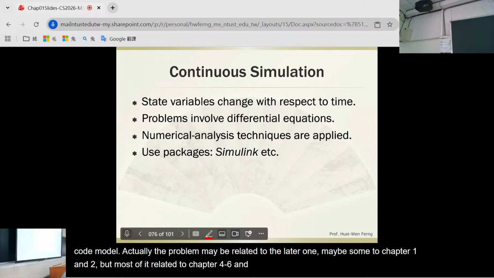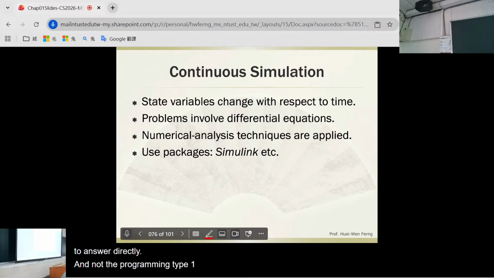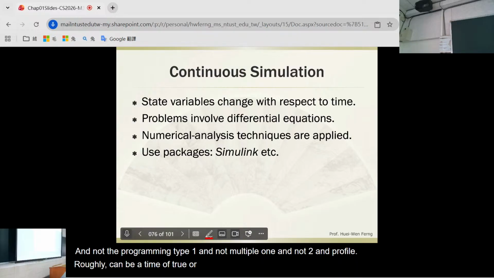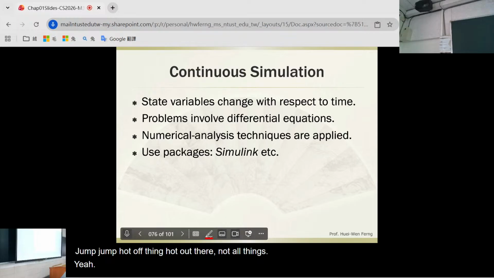You will have a problem and try to answer directly; it is not the programming type, not multiple choice, and not true and false. Possibly it can be true or false, but just part of them, not all of them. So this is the possible type of the final exam.